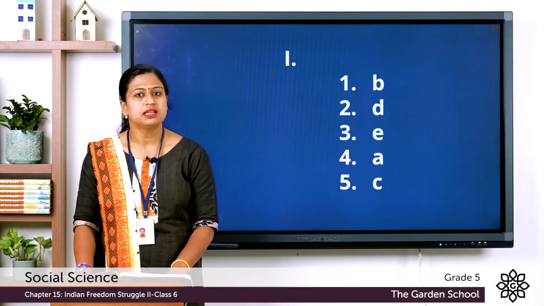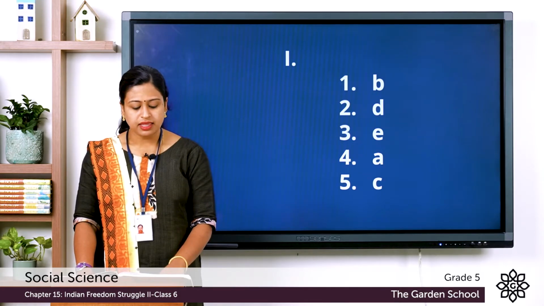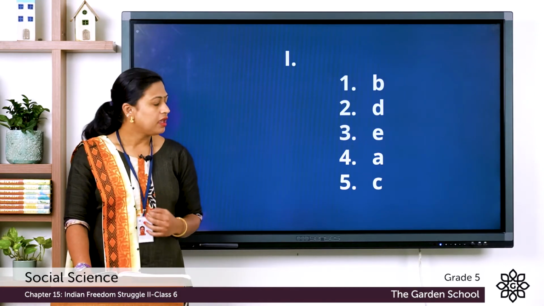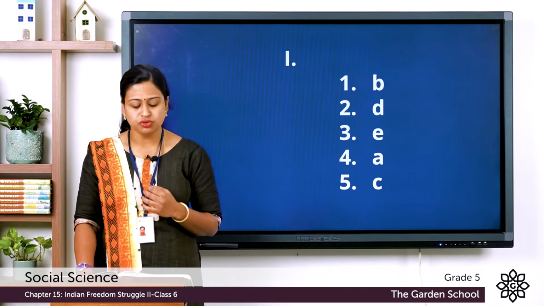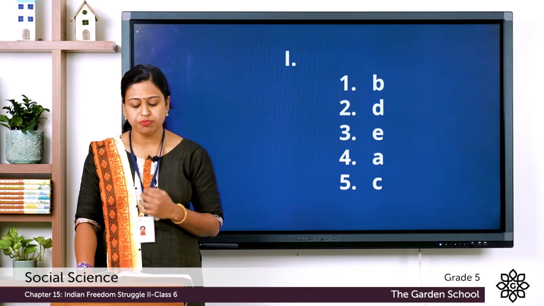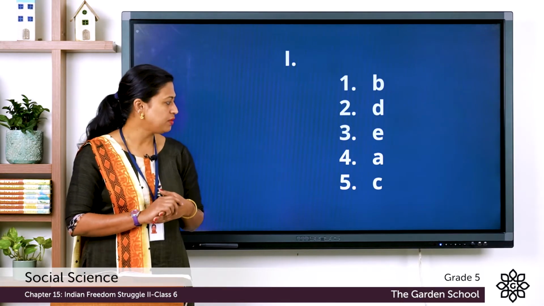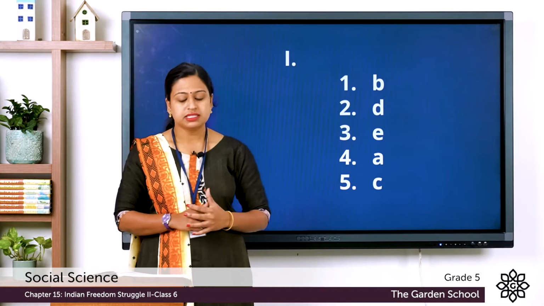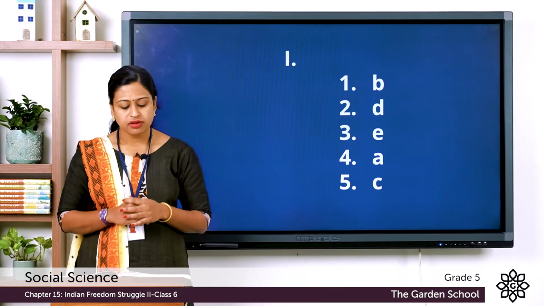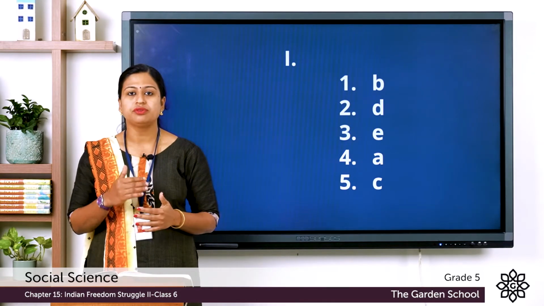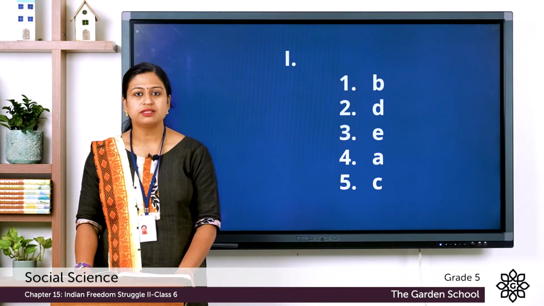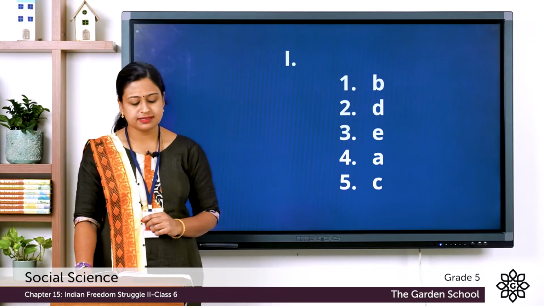The fourth one is civil disobedience and the correct match is A, the refusal to obey certain laws or to pay taxes. And the last one, the fifth one is Swaraj. The correct match is C, the right of the people of a country to rule themselves. So this was the first part of the exercise.